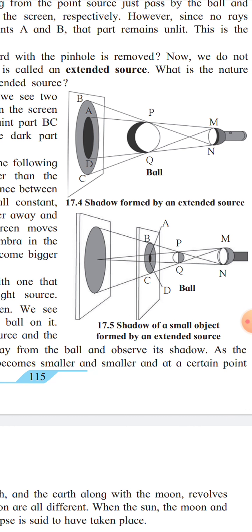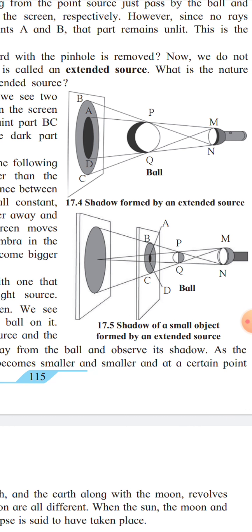When an object is placed in the path of light emerging from an extended source, the shadow is seen in two parts. The darker part of the shadow is called umbra, and the faint or lighter part of the shadow is called penumbra.